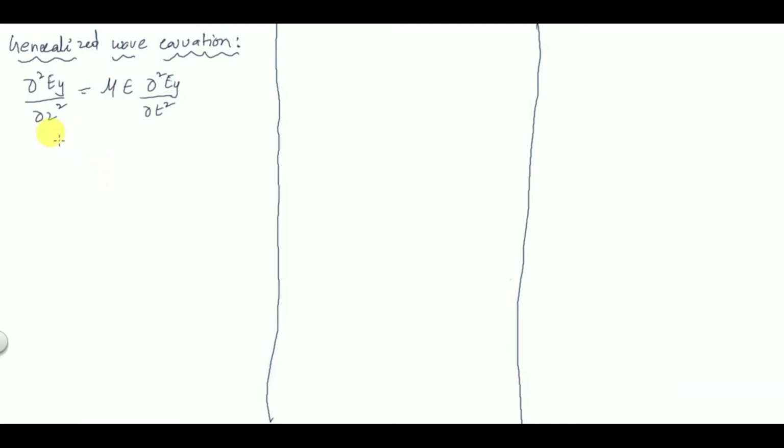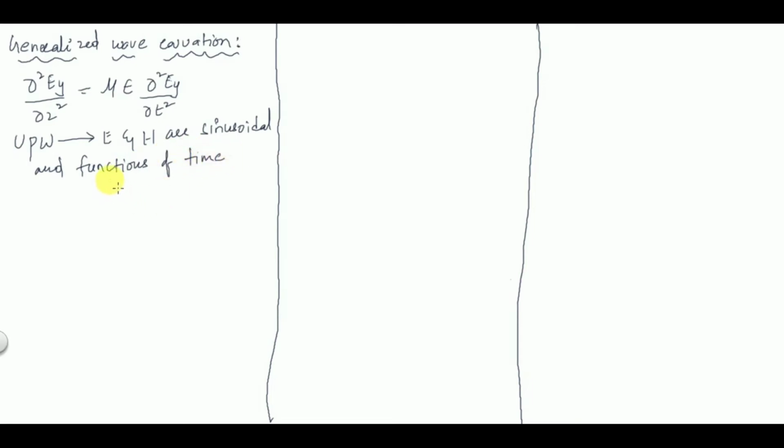Okay, so if the wave is a uniform plane wave, then E and H are sinusoidal. Yes or no? E and H are sinusoidal, and they are functions of time also.